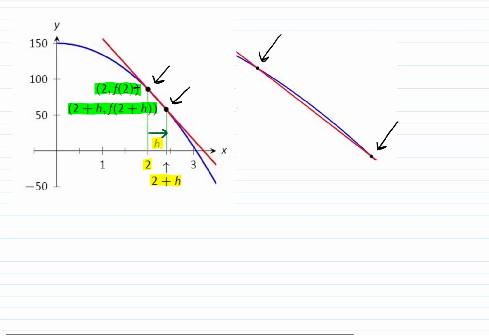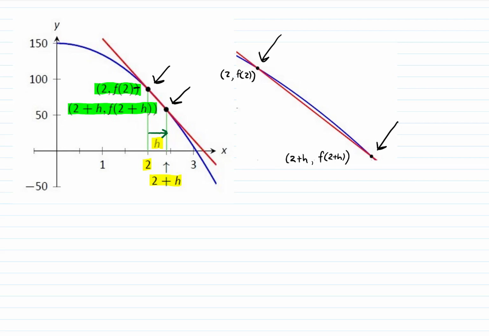So this is the point up here, 2, f of 2. And then if I move over a distance of h, then I have the point here, 2 plus h, f of 2 plus h. And I get a line that touches the parabola in 2 points.